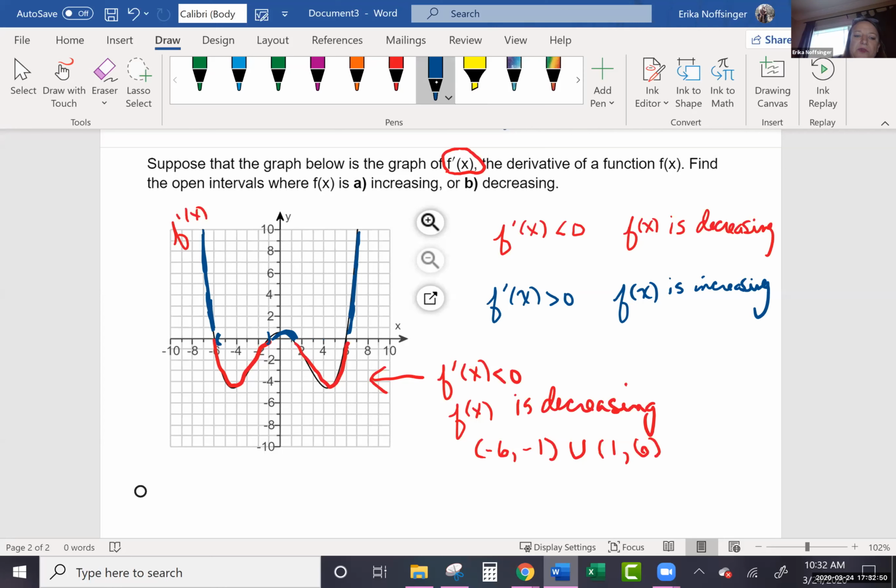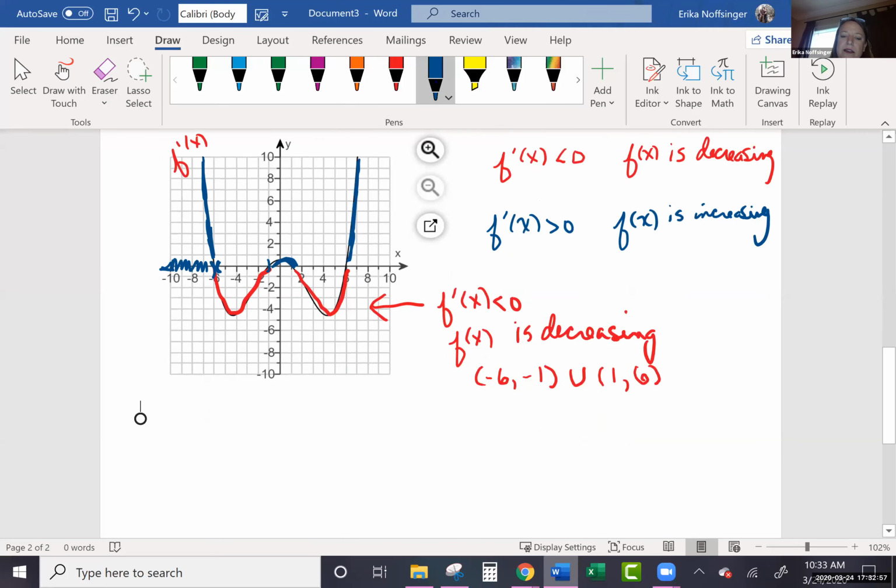The x values where that is occurring are anything that is less than -6. I know my derivative function has positive values when it's above the x-axis. So this is from -infinity to -6, not including, union. Then it's also above the x-axis from -1 to 1, union, and also above the x-axis from 6 to infinity.